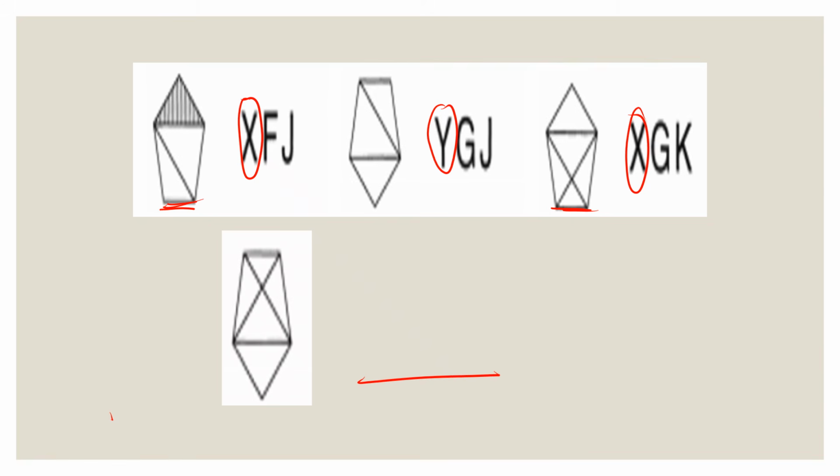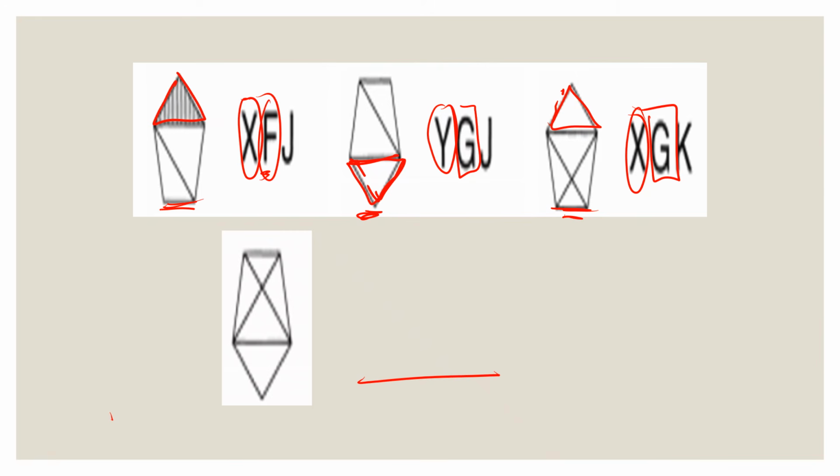Now let's look at the next letter. The one that we have in common is G. The second and the third image here have the letter G, and what they have in common that is not found on the first image is that, let's say this is a roof, it looks like a house anyway, the roof here is not shaded, whereas the letter F in here has a shaded roof.